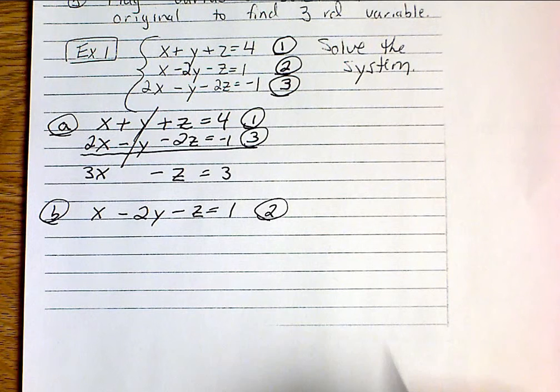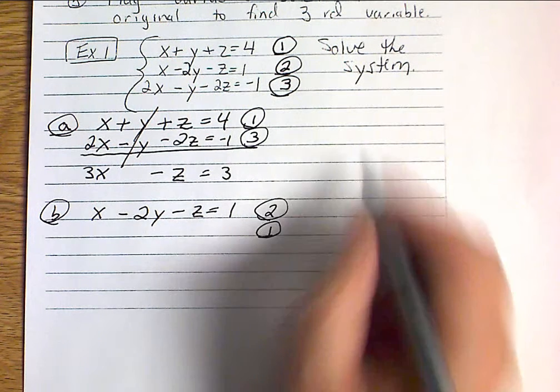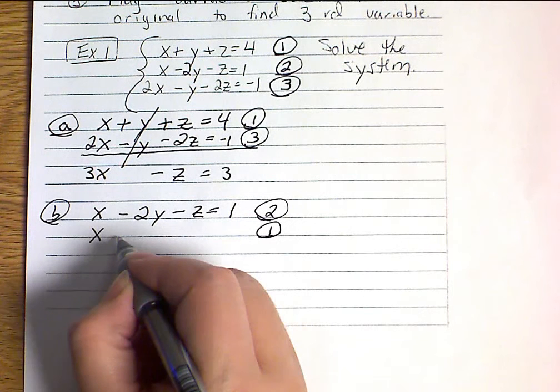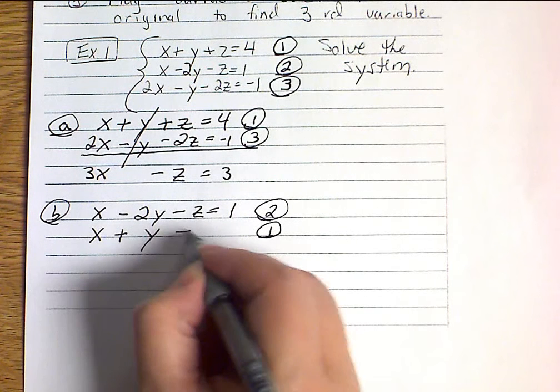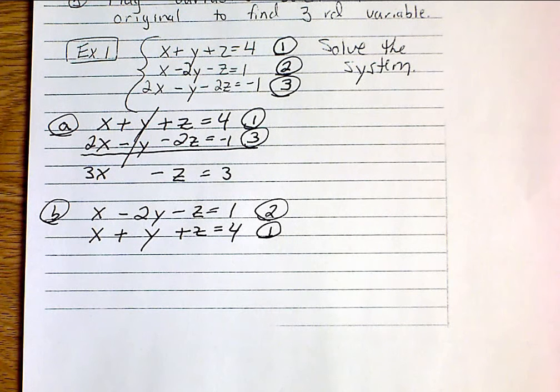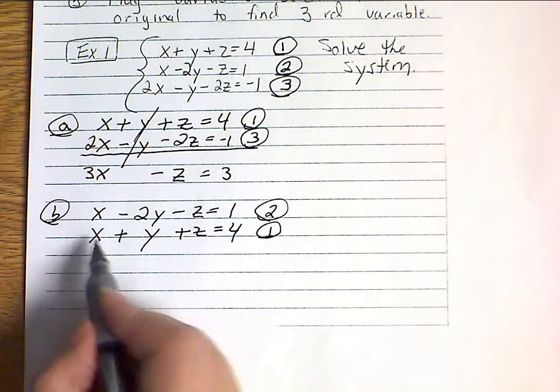So I'm going to bring down my first equation: x plus y plus z is equal to 4. I want to get rid of y. What can I multiply the bottom by to get rid of y? 2. So I'm going to be multiplying this one by 2.